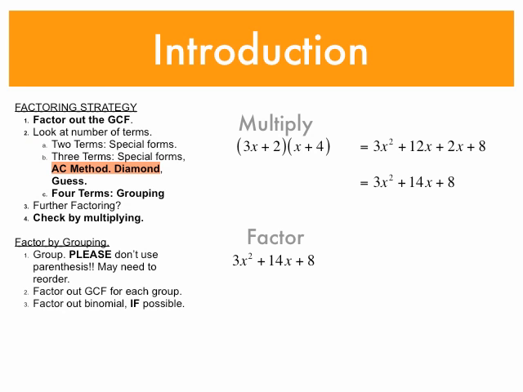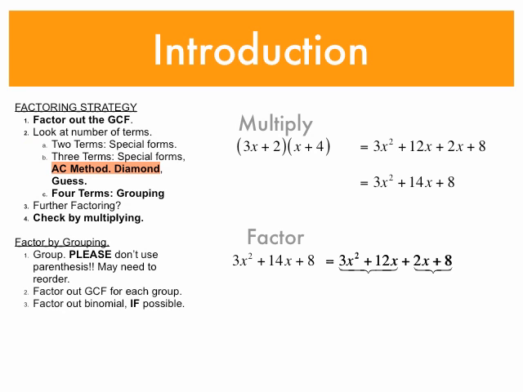So I'll start with 3x squared plus 14x plus 8. Now, notice that that's just the same thing. Instead of 14x, I could write 12x plus 2x. That's the same, right? Now, once I have four terms, I can group. So I group the first two, I group the second two.